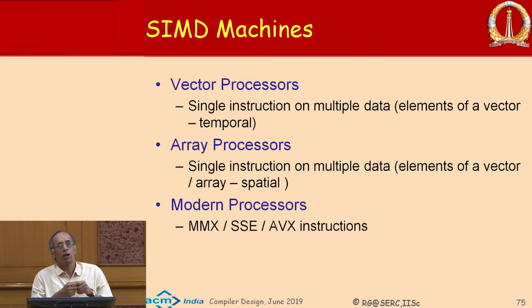These are what we call wide word instructions, right. For example, I have a 512 bit register and a functional unit which can do operations on 512 bits. That means I can take 16 32-bit operands and perform operations on all of these 16 operands.